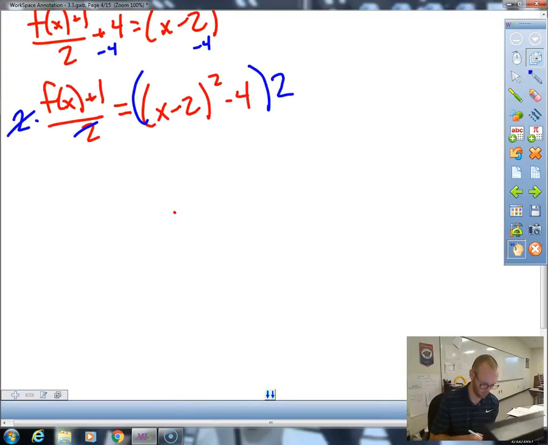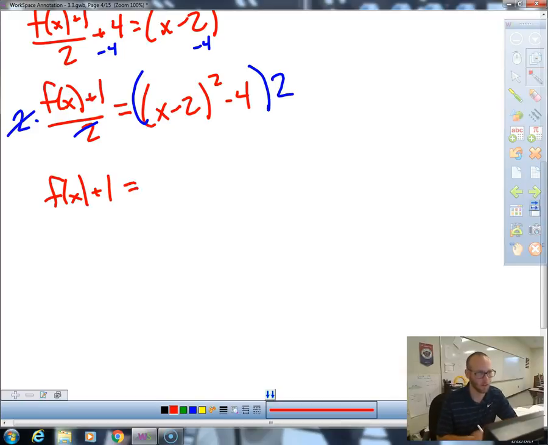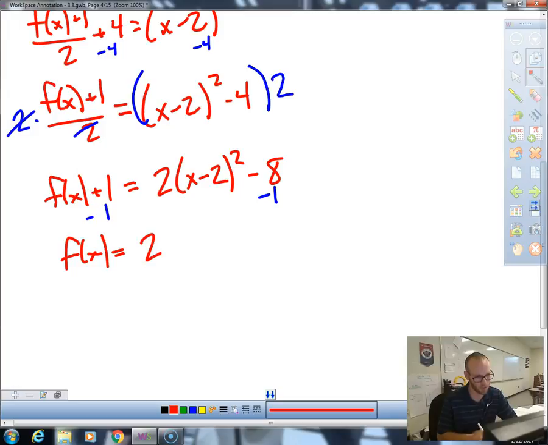Let's keep going. That leaves me f of x plus 1. Over here I have 2 times x minus 2 squared minus 8. One more step, subtract the 1. F of x equals 2 times x minus 2 squared minus 9, standard form.